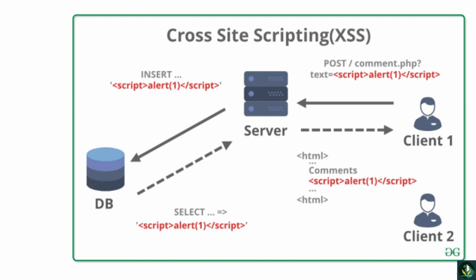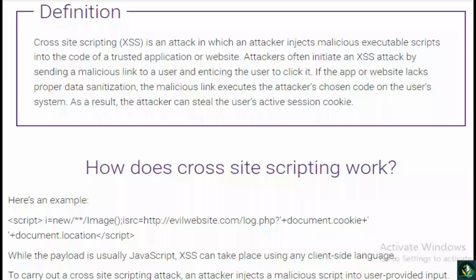Cross-site scripting, or XSS. Look at this picture. So what is cross-site scripting? Cross-site scripting (XSS) is an attack in which an attacker injects malicious executable scripts into the code of a trusted application or website.